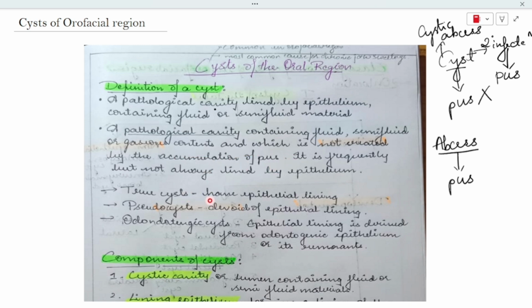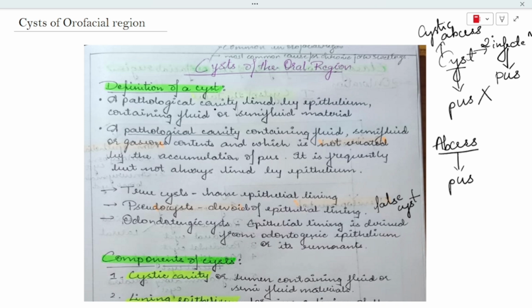As I told earlier, if a cyst is lined by epithelium, then it is called a true cyst. Whereas if it is not lined by epithelium, it is called a pseudocyst, also a false cyst. Another thing you have to know is the odontogenic cyst, whose epithelial lining is derived from odontogenic epithelium or its remnants.